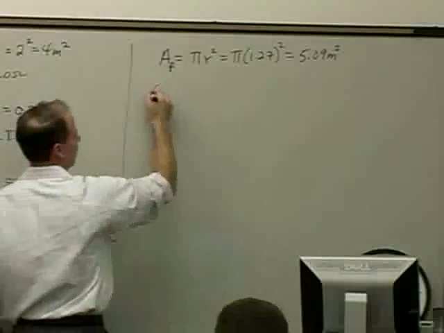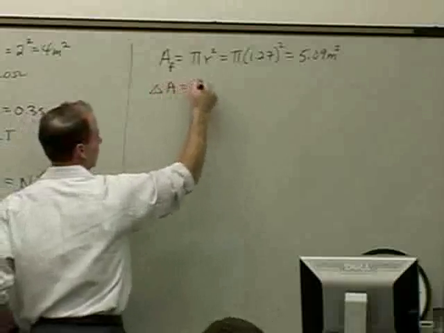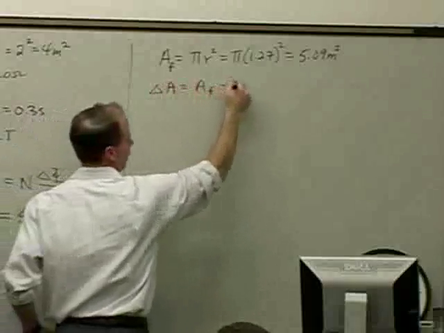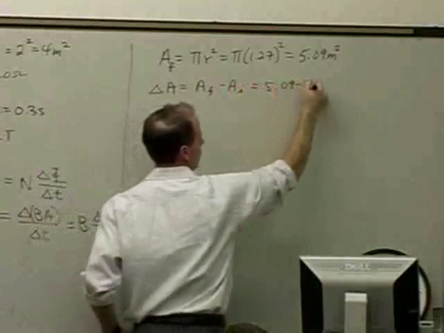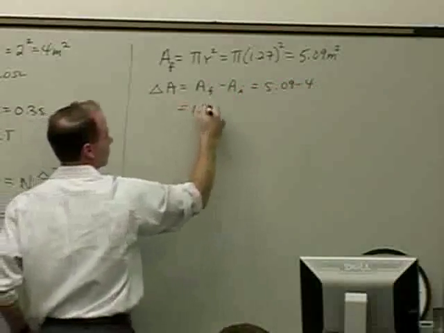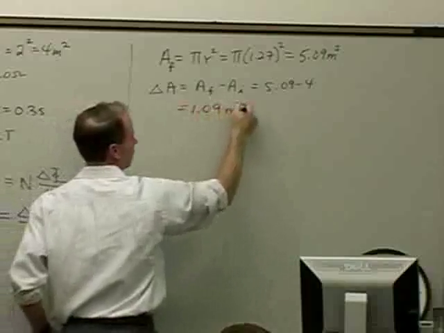So our change in area is going to be the final area minus the initial area. 5.09 minus 4, or 1.09 square meters.